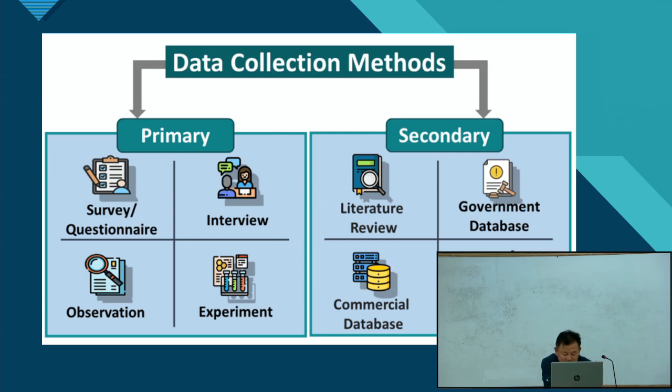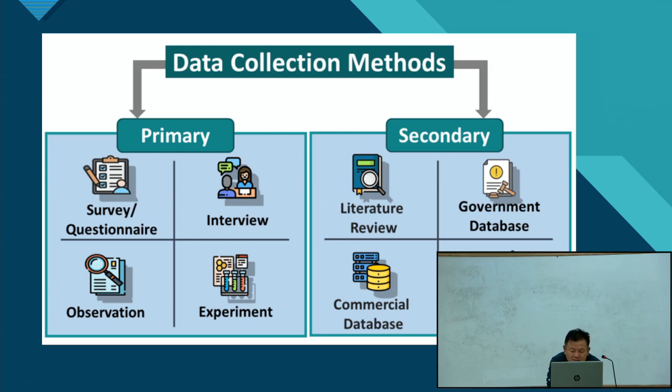Secondary data examples include the literature review. A literature review is formal research, already open, communicated, or published data. So the literature survey is a secondary data example.